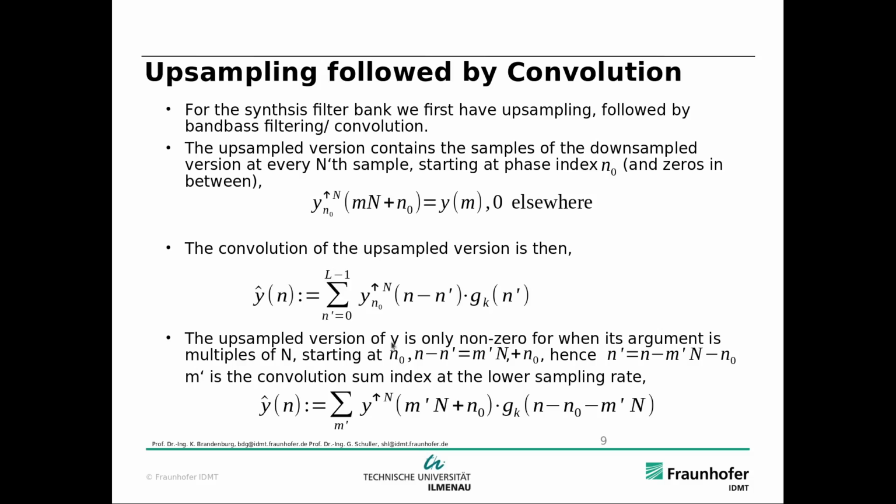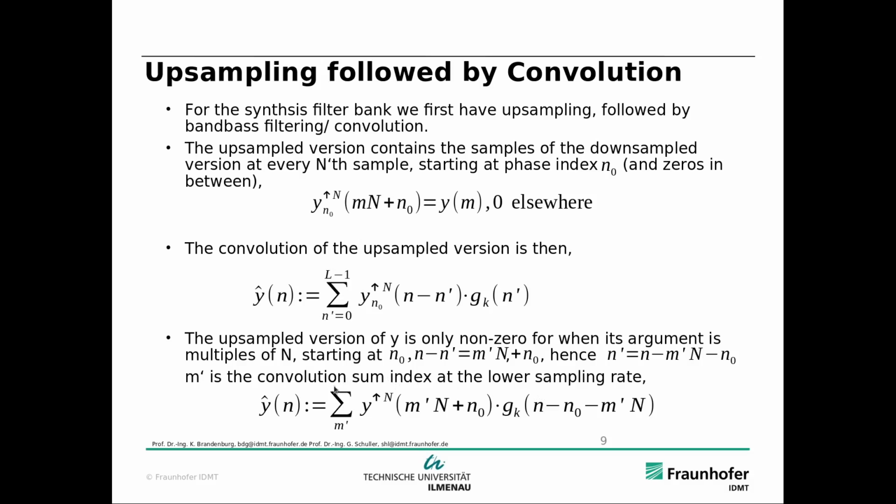So the upsampled version of y is only non-zero when its argument is a multiple of capital N, starting at n naught, and that means n minus n prime is m prime times N plus n naught, and hence n prime equals n minus m prime N minus n naught, and we can plug it into this equation here.